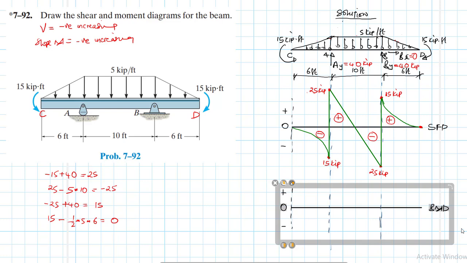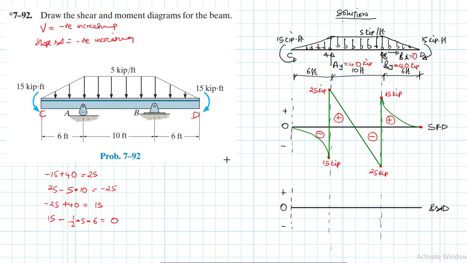Let's bring it somewhere there. All right, so at this particular point we do have a value of 15 kip feet. Imagine again, we cannot use this value directly. Imagine we do a small section here, and if it is a small part, the internal moment here is going to be in this direction with the same value, 15.